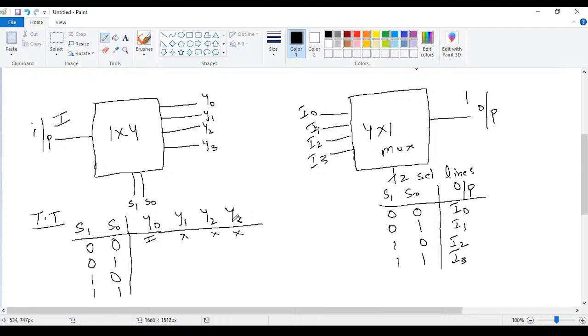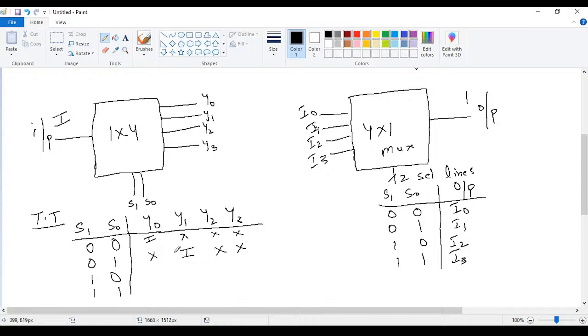Don't care means whatever it may be, we don't consider it. For 0 1, Y1 will be I, and all the remaining will be don't care conditions.